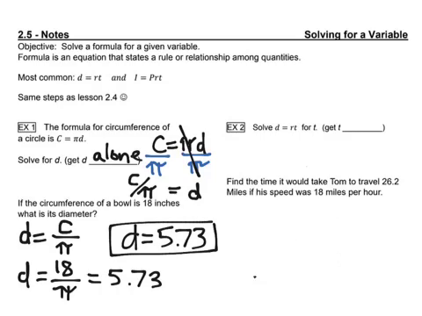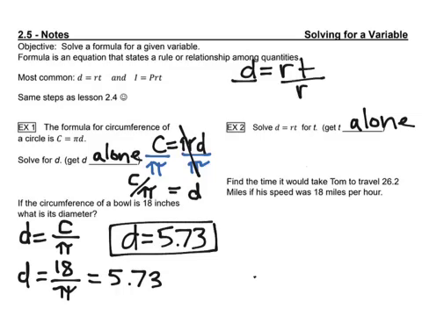All right, example 2, solve d equals r times t for t. So distance equals rate times time. We're going to get t alone, so we're going to solve for time. So if we have d equals rt, and we're solving for t, we have r times t, so we can divide by r.